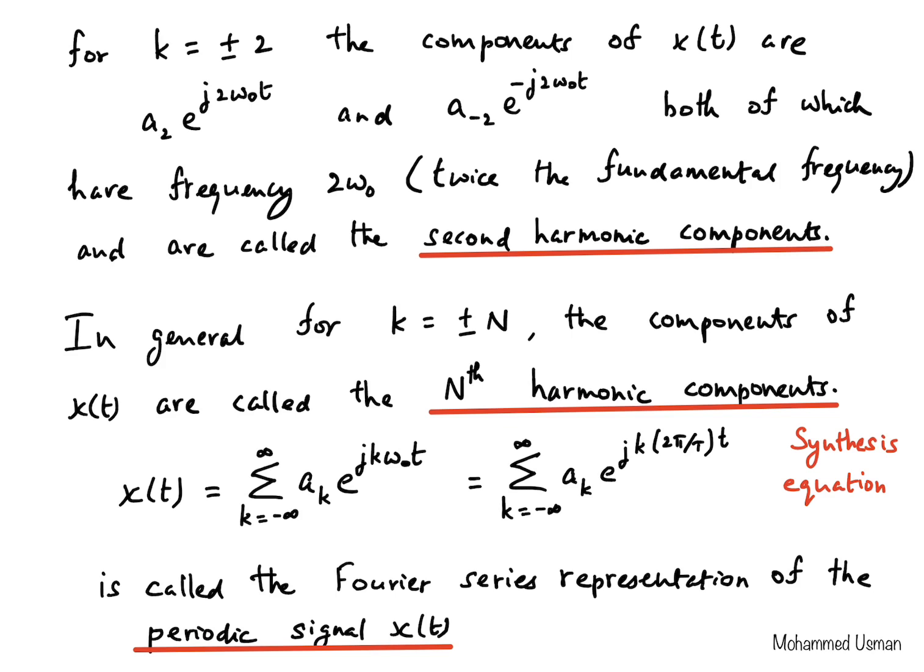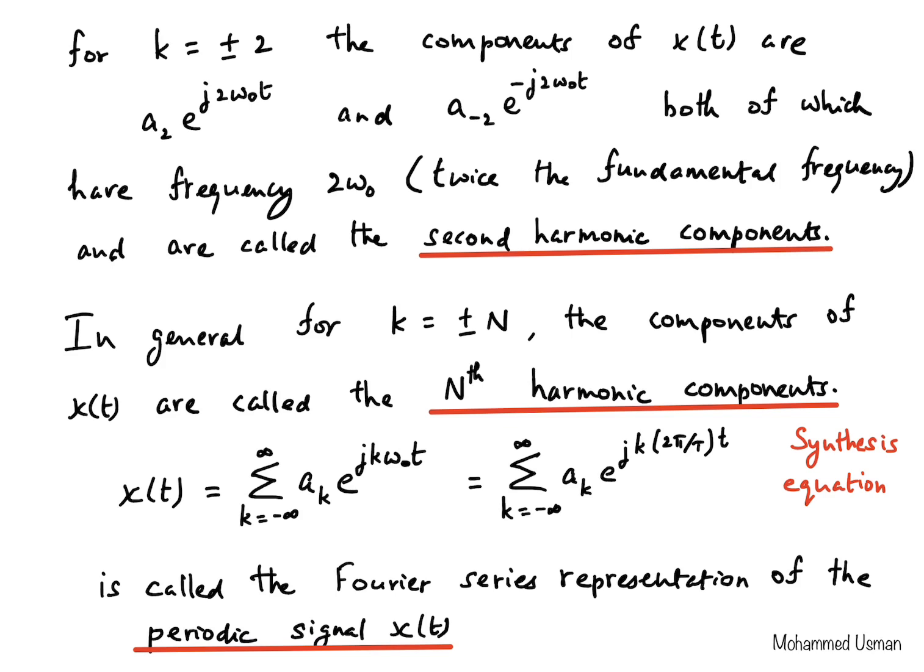And the importance of the complex exponential signals in particular comes from the fact that they are eigenfunctions of the LTI system. That means when we apply a complex exponential signal as an input to an LTI system, the output is also the same complex exponential signal scaled by some scaling factor, and that scaling factor is called the eigenvalue of the system. Not all signals have this property. If we give some other signal which is not an eigenfunction, the output will be a completely different signal from the input.